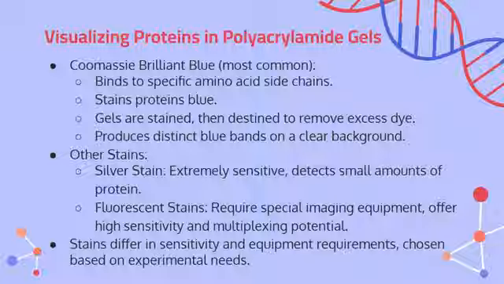Other stains would be silver stains, which are extremely sensitive and detect even the smallest amount of protein. Then we have fluorescent stains, which require specialized equipment, but offer high sensitivity and multiplexing potential. Stains differ in sensitivity and equipment requirements and are chosen based off of the experimental needs.